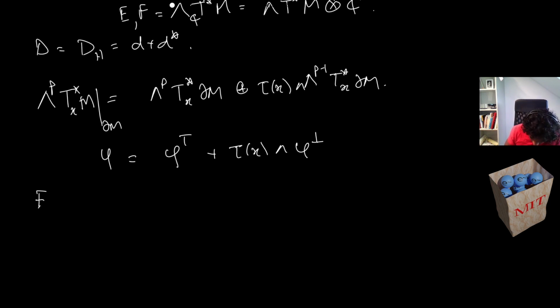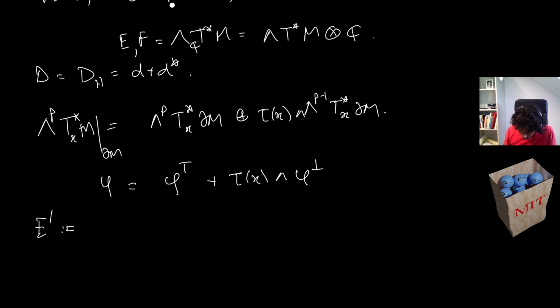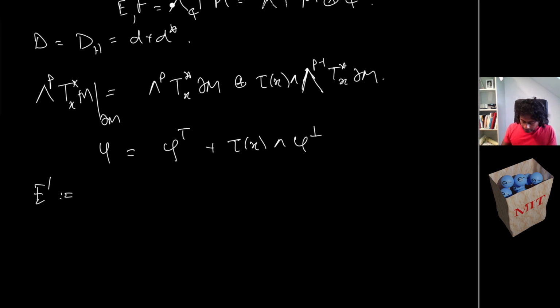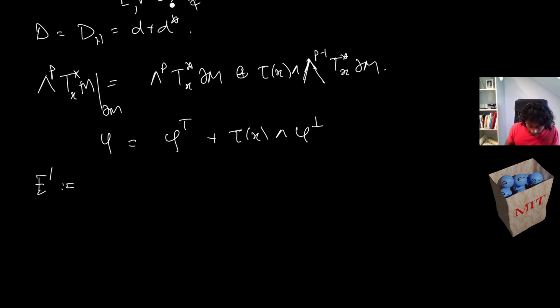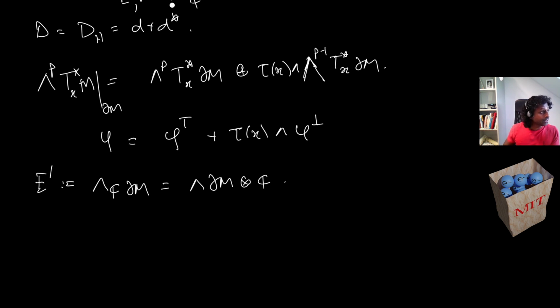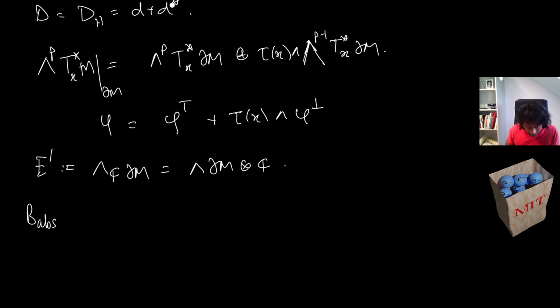Okay, so the E prime I'm going to now set to Λ^P T*∂M, twisted by C. And then the absolute boundary conditions: the B absolute boundary, so these are called the absolute boundary conditions, is H half taking values in E prime.